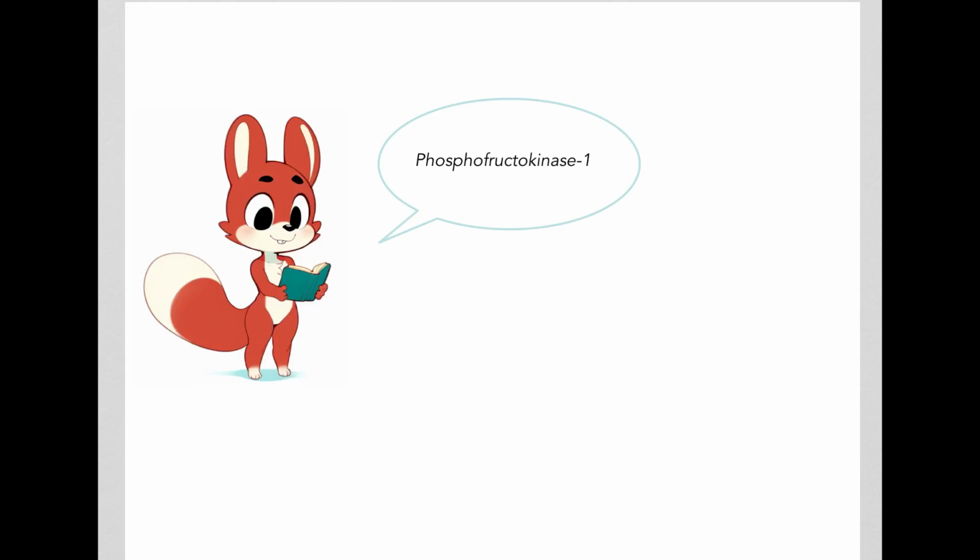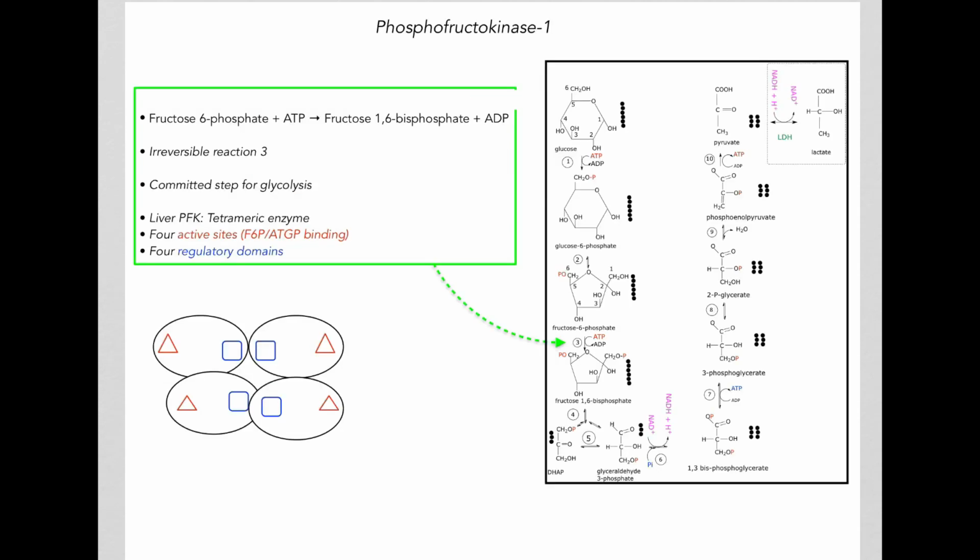So let's first look at the enzyme phosphofructokinase 1 in glycolysis. This enzyme catalyzes reaction 3. This is an irreversible reaction, only goes in one direction. In this reaction, you can see fructose 6-phosphate reacts with ATP to give you fructose 1,6-bisphosphate and ADP.